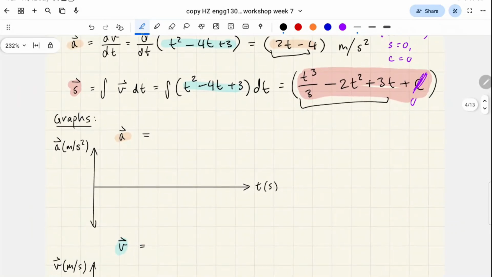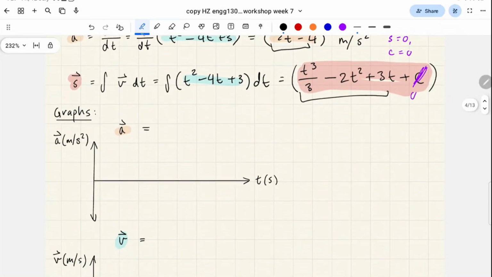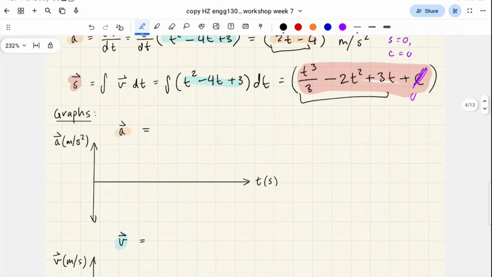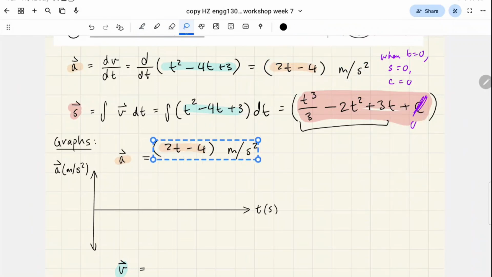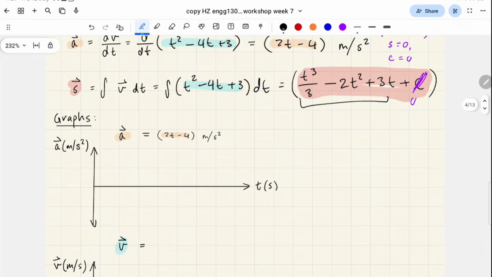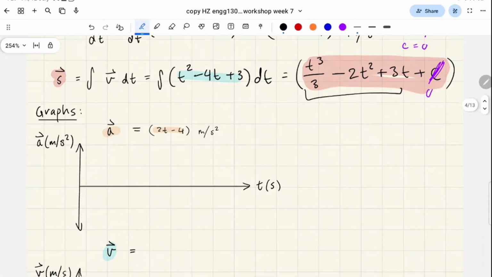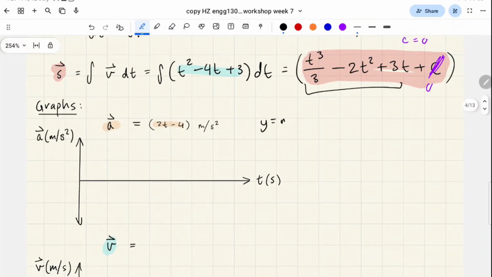Now we have our equations for acceleration and displacement, and we're just going to graph them. We'll graph the orange one first, that's acceleration. This is going to be a linear equation, a straight line, y equals mx plus b.